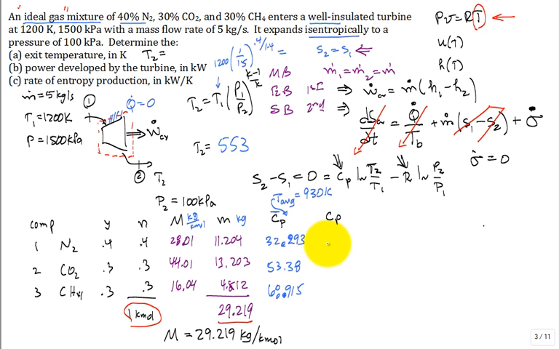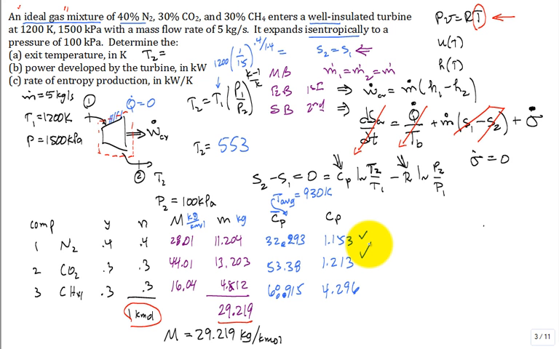For nitrogen, the specific heat at constant pressure was 1.153, for the carbon dioxide 1.213, and for the methane 4.296. Now you can check these numbers with the table. It looks great. You can also go on the internet and check some tables for methane evaluated around 900 Kelvin. It'll look great too.